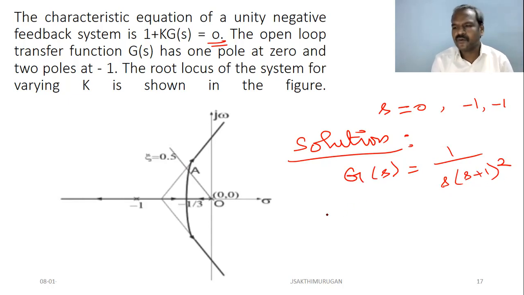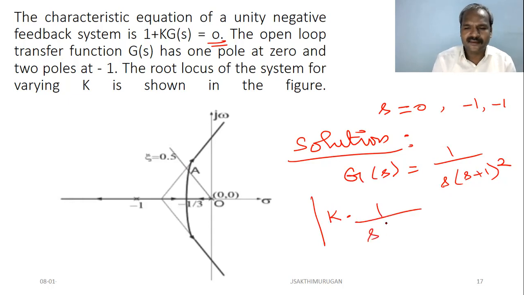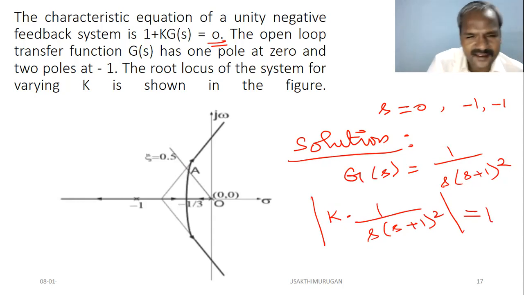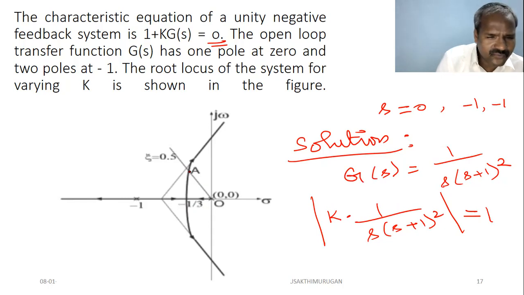First we use the magnitude expression. What is the magnitude? K into 1 by S into S plus 1 the whole square, equal to 1. This is the condition. Also, we have to find the value of K at A. This is an angle, say phi.